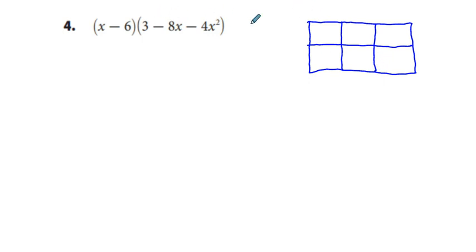So first thing I'm going to do is on the side, write this binomial x minus 6. And then on the top, we're going to write this trinomial in standard form. We have negative 4x squared, then we have minus 8x, then we have plus 3. And now we multiply row by column.